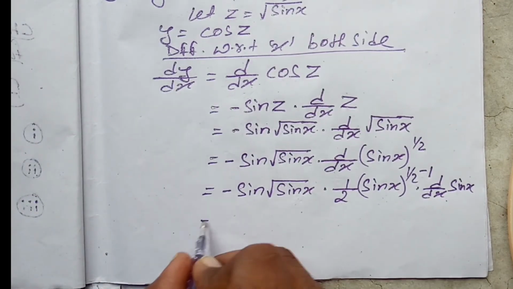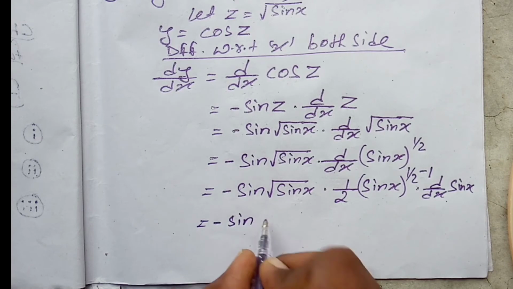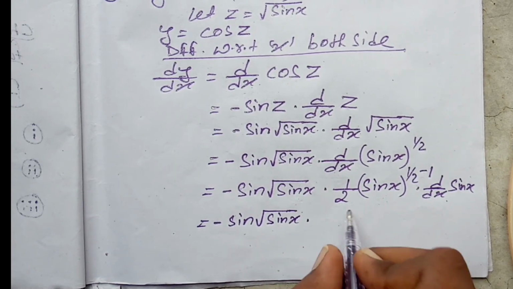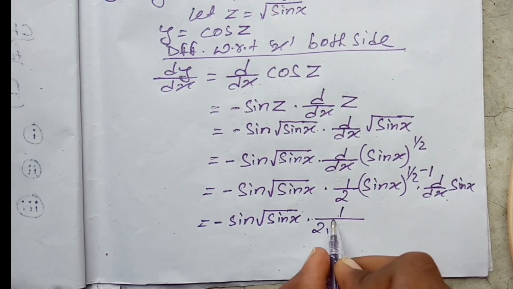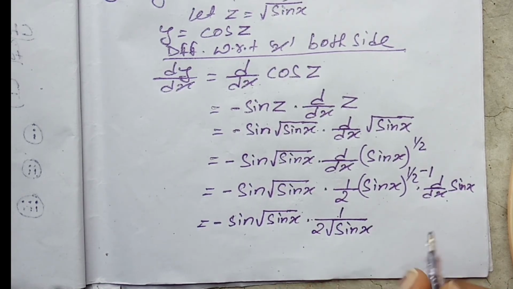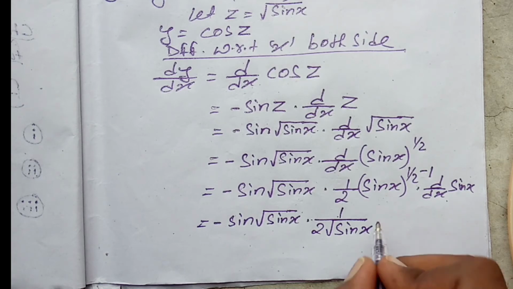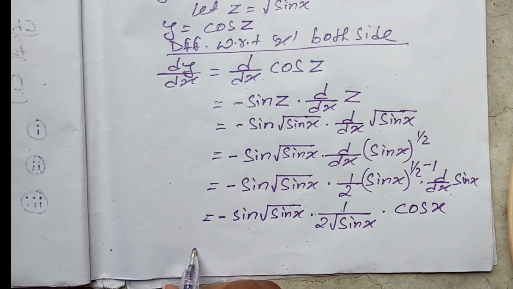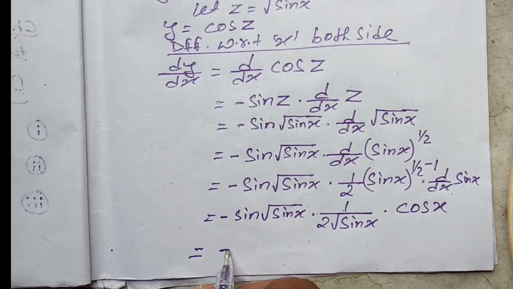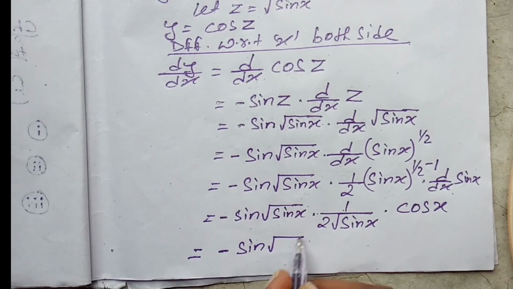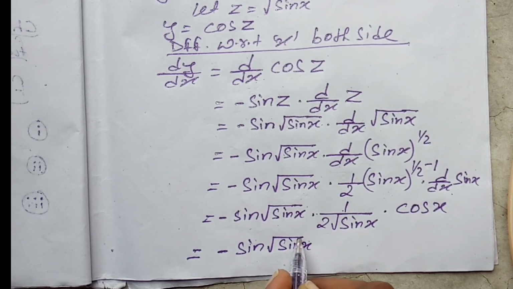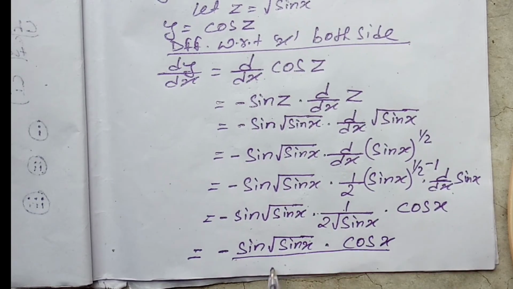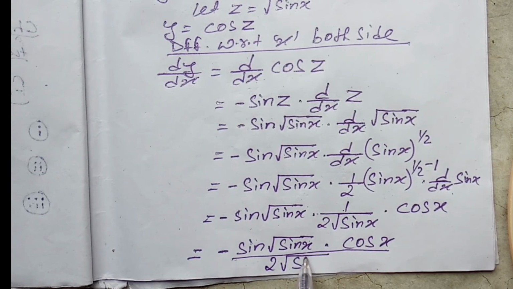Now this is equal to minus sin(root under sin x) into 1 by 2 root under sin x. And the differentiation of sin x with respect to x is cos x. So finally our differentiation will be minus sin(root under sin x) into cos x, whole divided by 2 root under sin x.